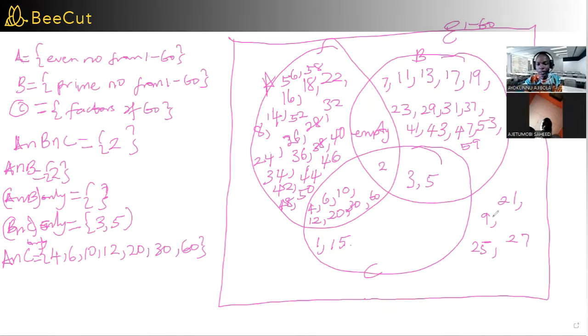So in a nutshell, we are looking for all the odd numbers that are not prime numbers.